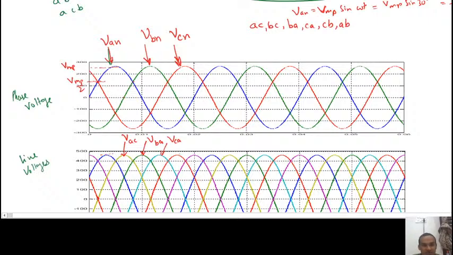So this red one is AC, sorry, it is BC, not BA. AC, BC, and this one is BA, and after that it is CA. Let me write it more properly.